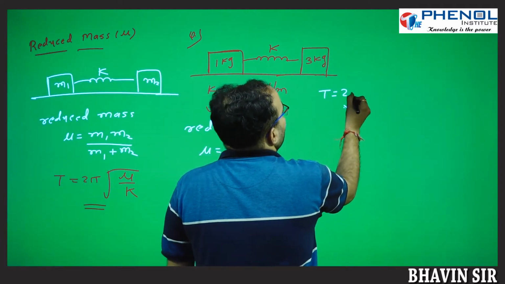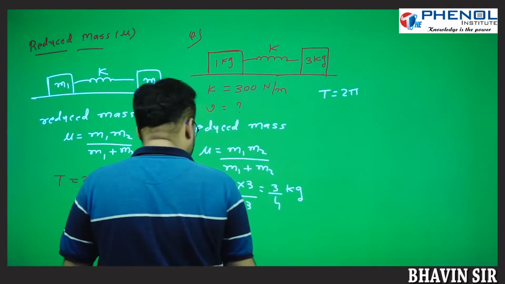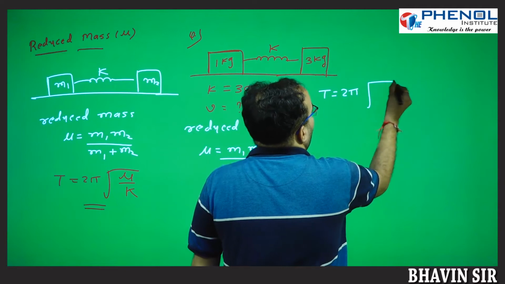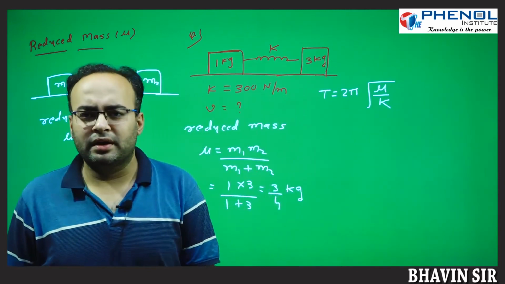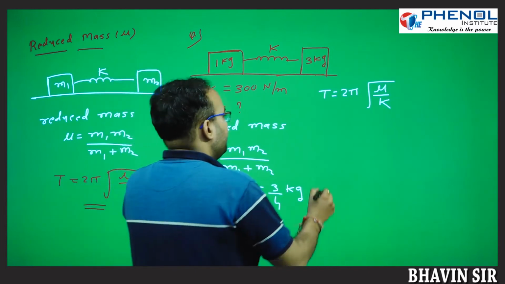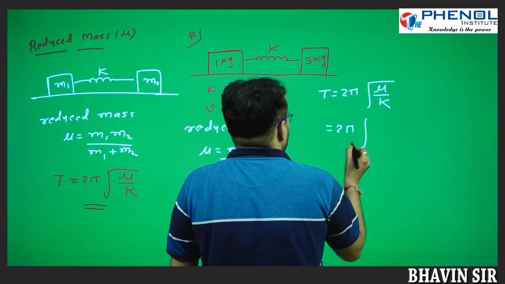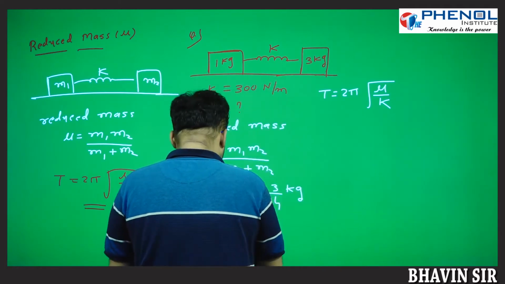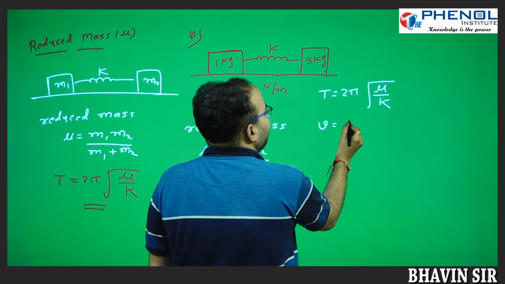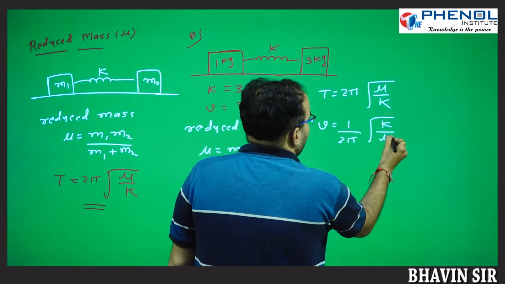Now what is the time period? T is equal to 2 pi under root mu by k. But we want to find frequency. So frequency is the reciprocal of time period, so on reciprocal it becomes root of k by mu.